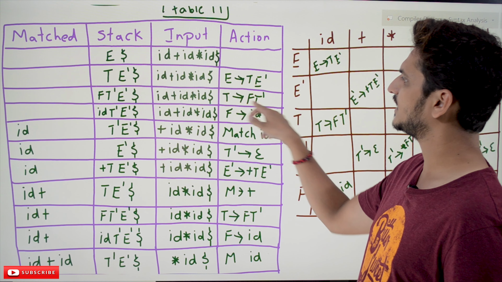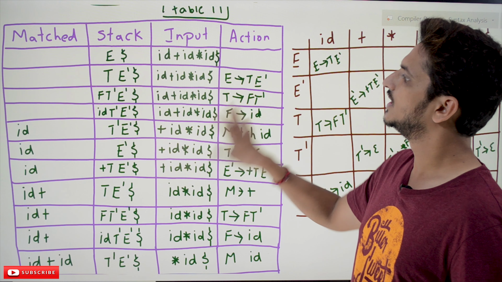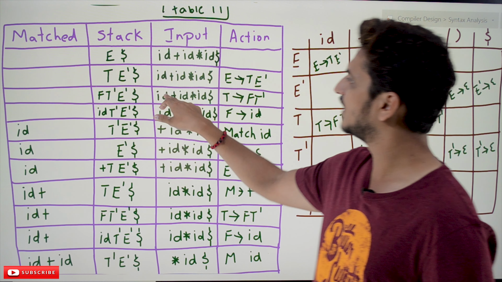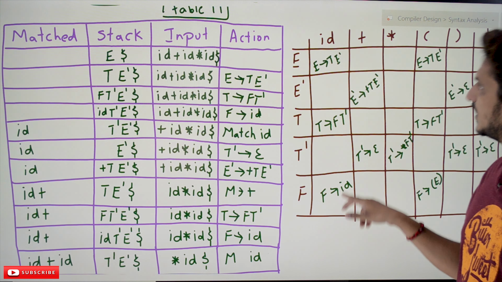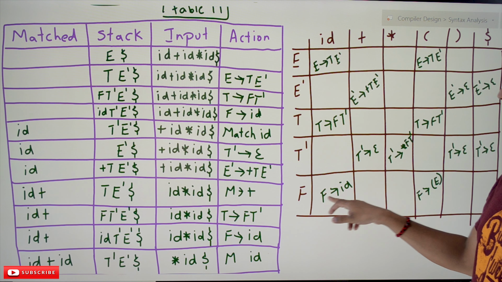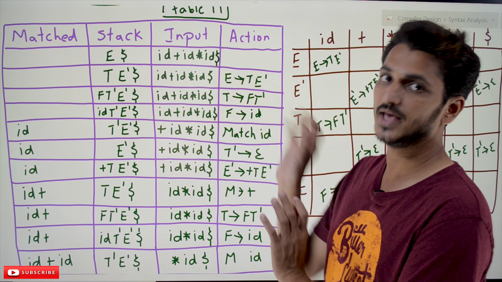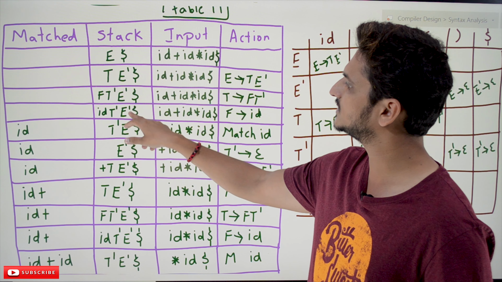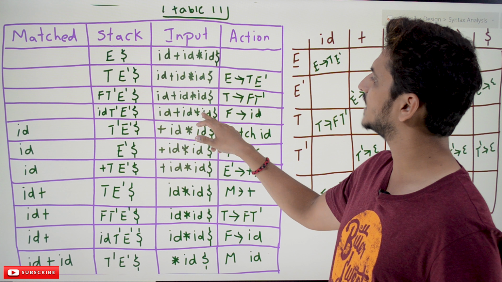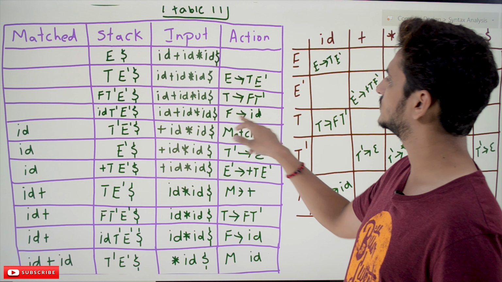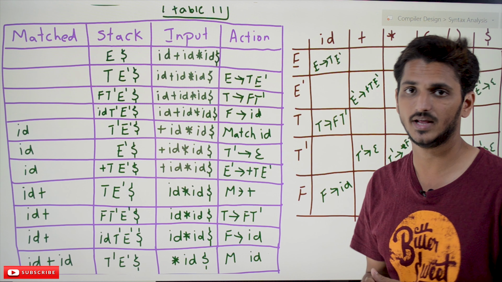What action have we taken? T tends to F T dash. Now coming to F, ID. Check the table: F tends to ID. So pop the F and place ID. ID T dash E dash dollar, with input ID plus ID star ID dollar. F tends to ID is the action that we have taken.